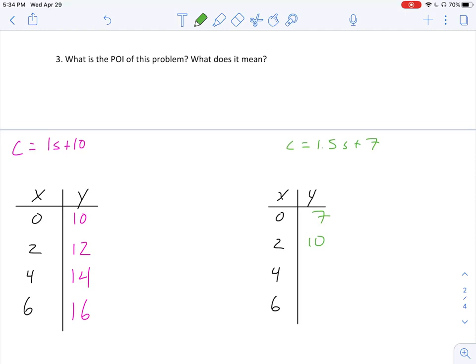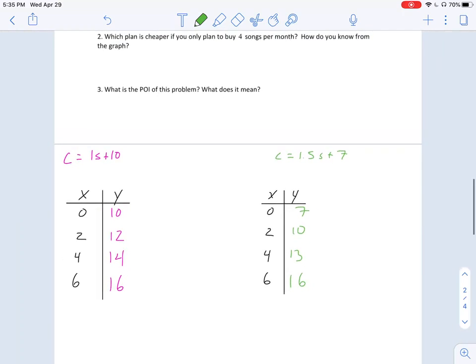When I plug in 4, I would get 13. When I plug in 6, 6 times 1.5 is equal to 9, plus 7 equals 16. So now I have those points that I'm going to plot along the graph up top.